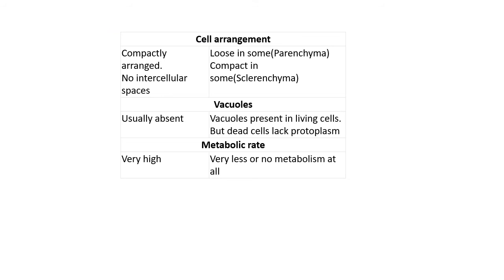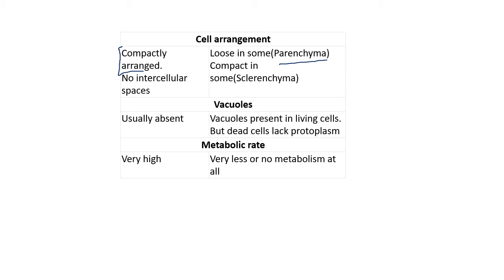Another important difference is that the meristematic cells are compactly arranged. You will see that there will be no intercellular spaces between the meristematic tissues. While when you look at the permanent tissue, for example parenchyma, you will see there are large intercellular spaces. And when you look at collenchyma, there are intercellular spaces, but they are much less than in parenchymatous cells.